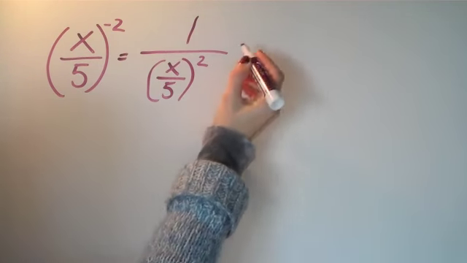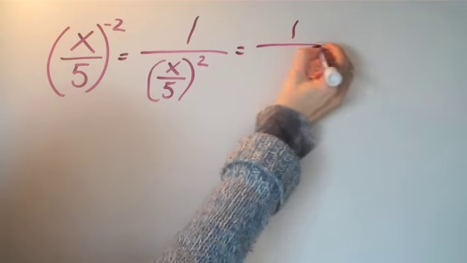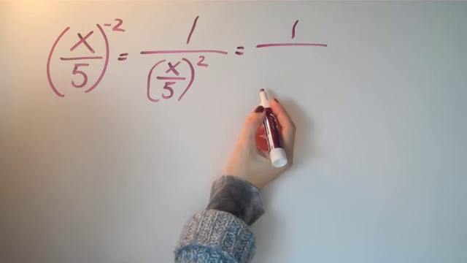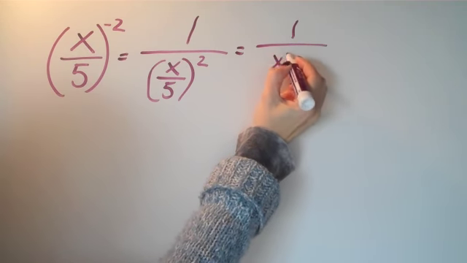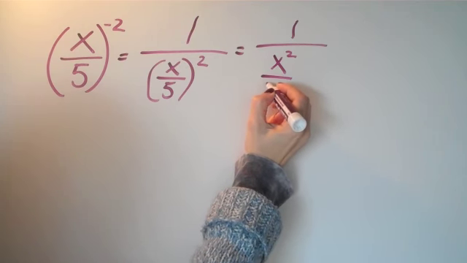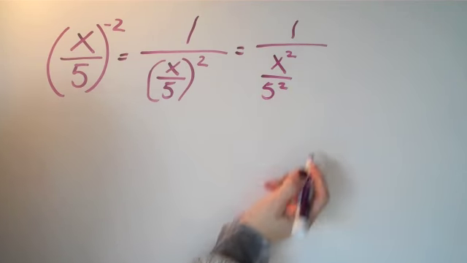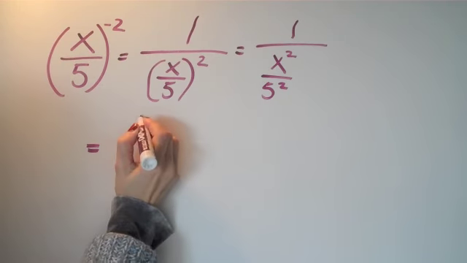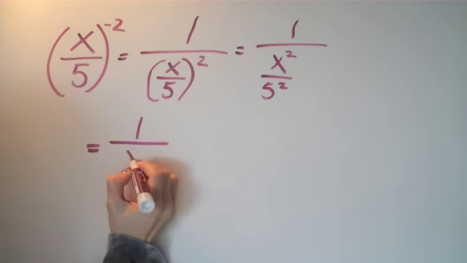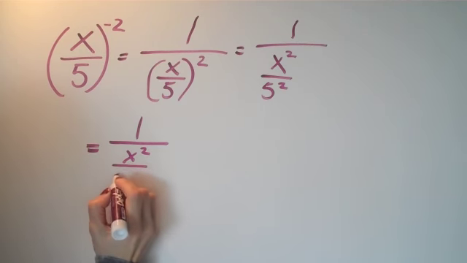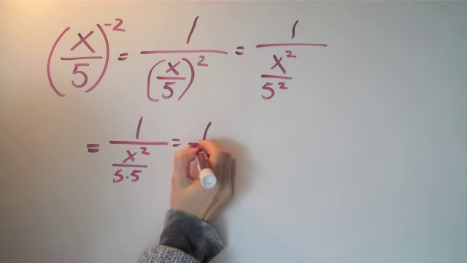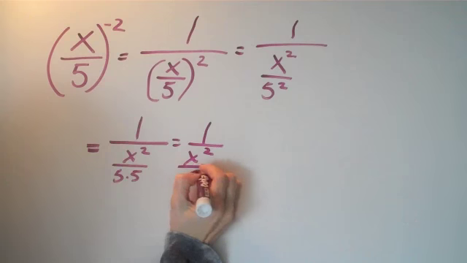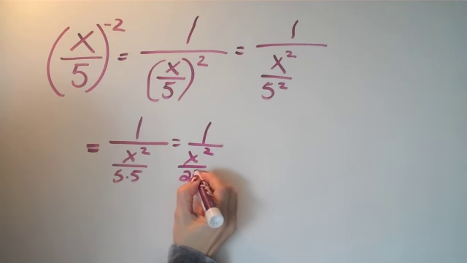Well, now we keep the 1 there, and we distribute that 2, just like we did in the last problem, and it becomes x squared over 5 squared. And then in the next step, that becomes 1 over x squared over 5 times 5, which is equal to 1 over x squared over 25.